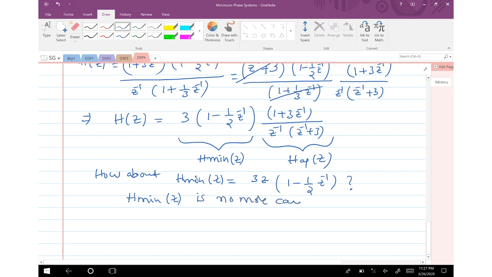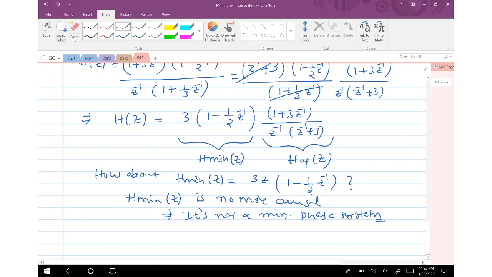In other words, it's not a minimum phase system at all. That's why we moved it to the all pass factor.